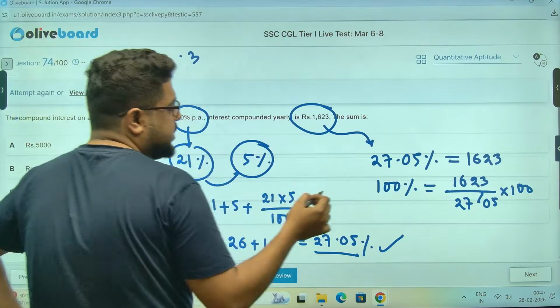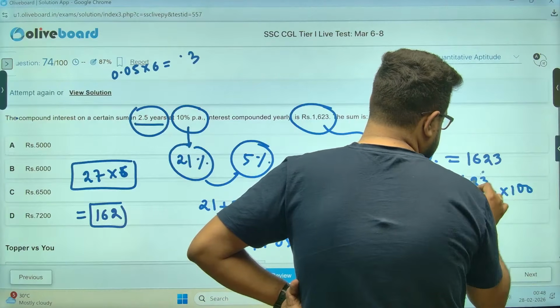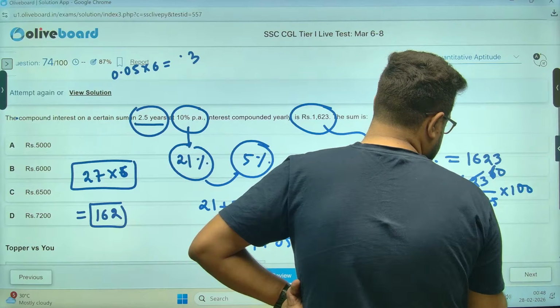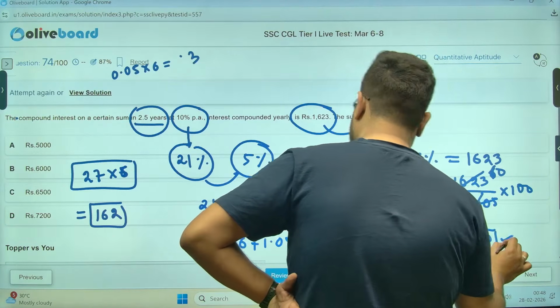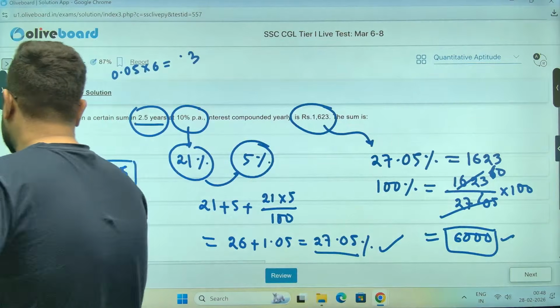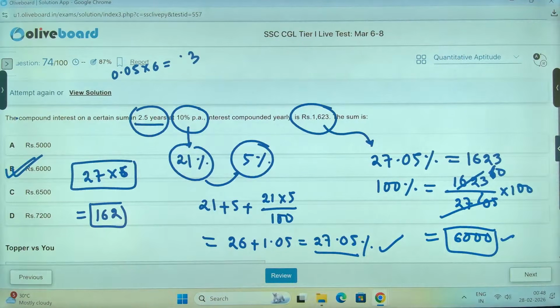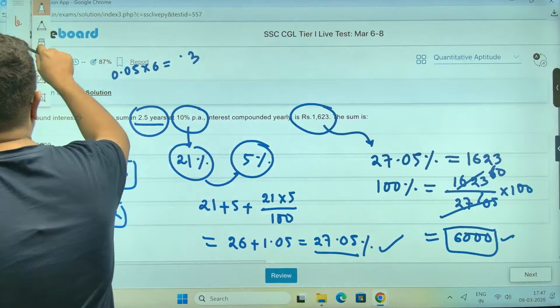Yes, absolutely. 162.3. So if I do this, this is going to be 60. So 100% is 6,000. 6,000 is the answer, option number B. You should notice this, otherwise the calculation will be lengthier.